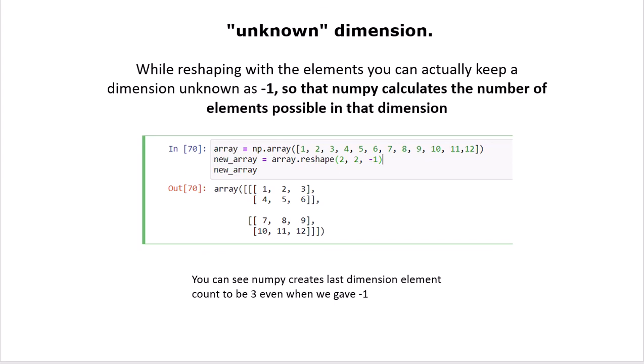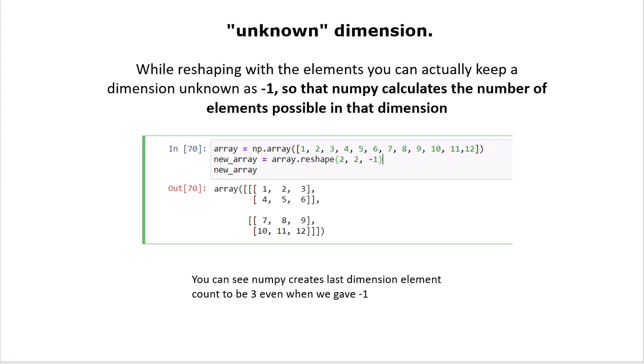I know that it should be a three-dimensional array. I know that the first one should contain two elements. I also know that the inside dimension should also contain two elements. But this last one, I am not sure.